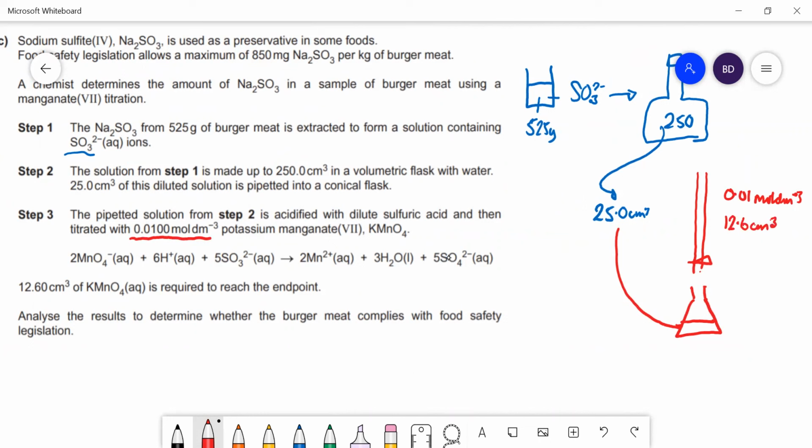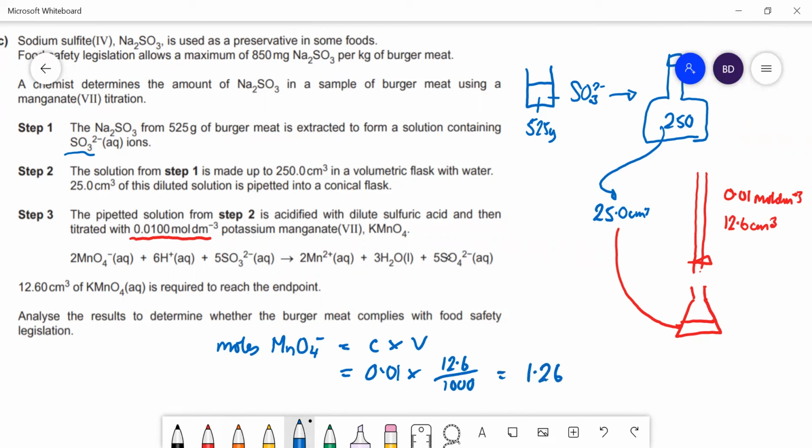So let's work out our moles of manganate. Concentration times volume: 0.01 multiplied by 12.6 over 1,000 gives us 1.26 times 10 to the minus 4.